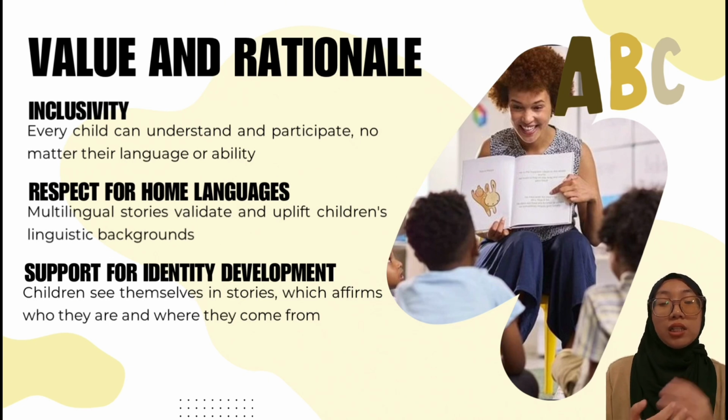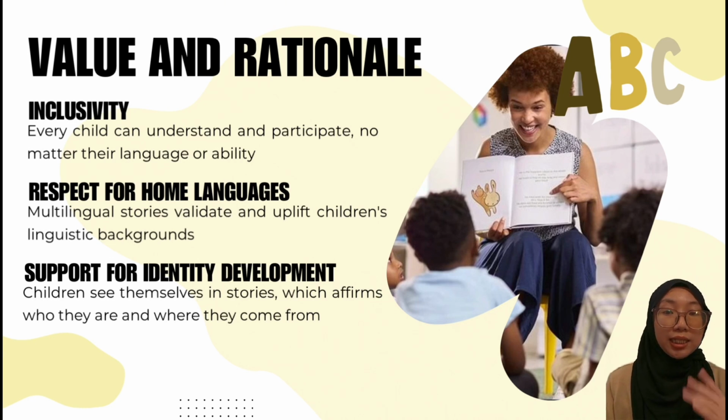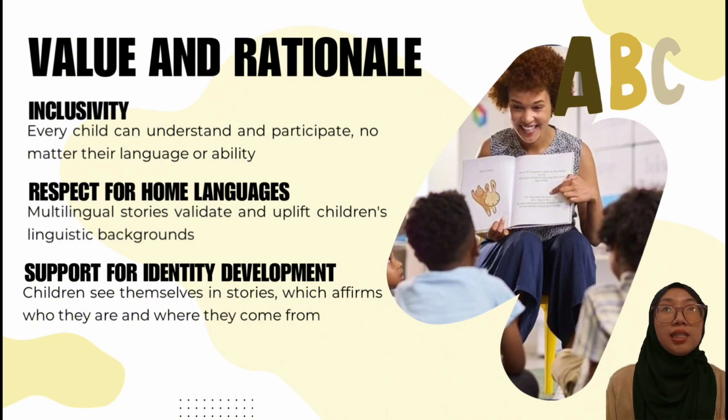Even if a child doesn't fully understand the words, they can still follow the story by looking at the pictures, feeling the emotions, and participating through gesture and facial expressions. It makes learning accessible for all children, including those with limited English proficiency, different learning styles, or special needs.